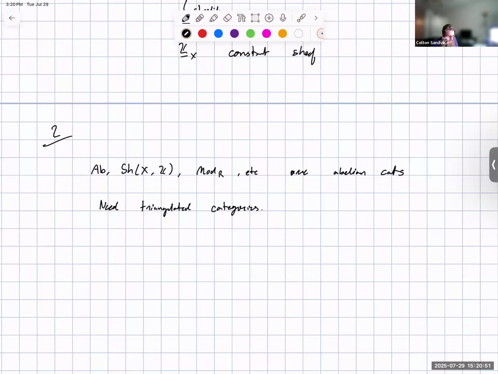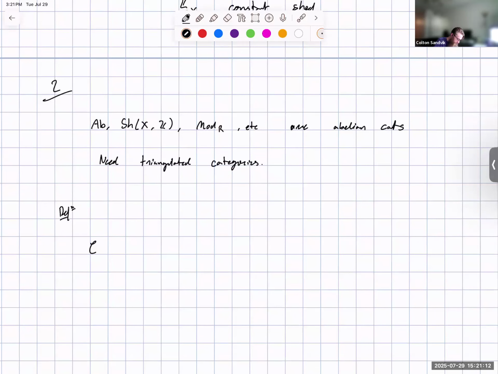We'll stick purely in the triangulated world for now. It doesn't really play a role, but anyway. Okay, so here's a definition, or most of one.